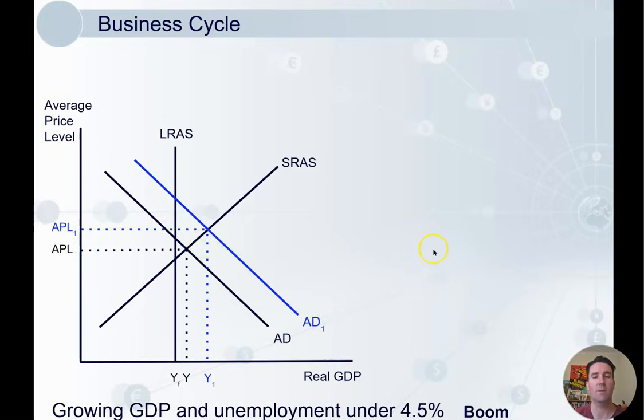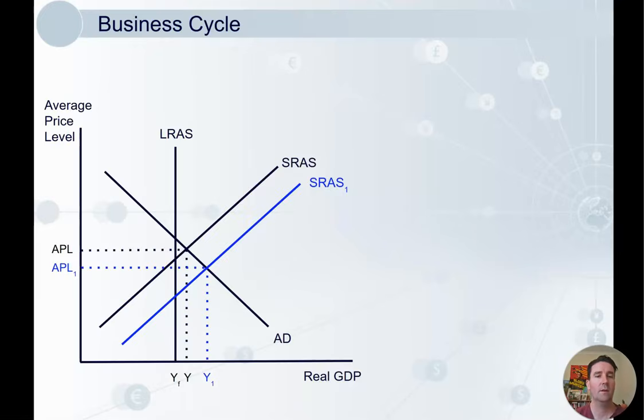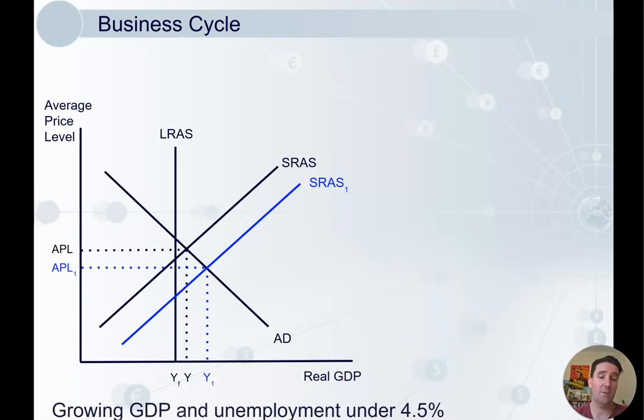That's a boom for us. Okay, this could also be a boom, growing GDP and unemployment under 4.5%. So still a boom. Even though it's not AD that's increasing, we can have a boom due to SRAS. That's probably a better way to have a boom, because it doesn't come with the high inflation, but still a boom.